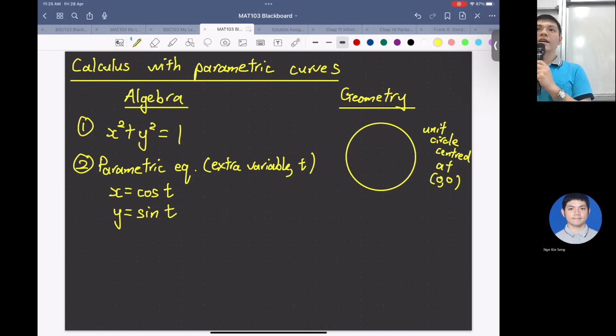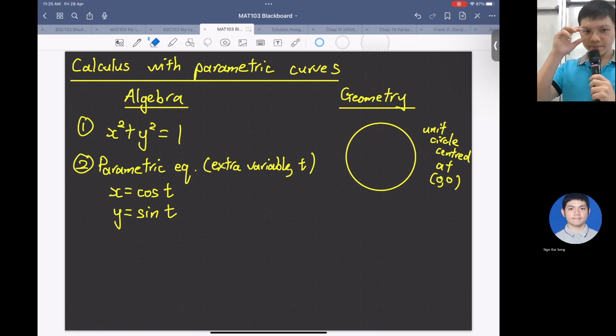You should think of it as a particle running on the circle when the time increases. So these are the two ways to describe a circle.